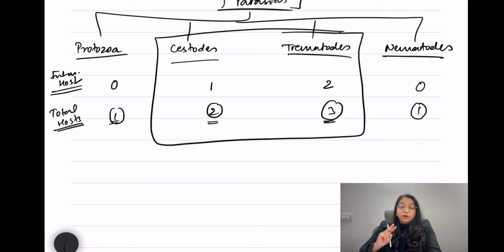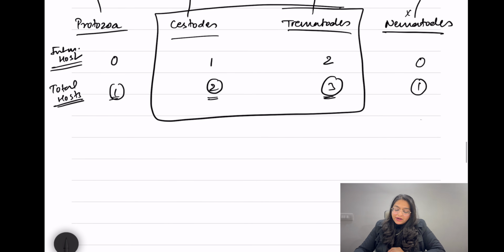Cestode comes at number 2, so the total hosts are 2. Trematode comes at number 3, so the total hosts are 3. But please remember, this does not apply to nematodes. Nematodes are round worms. They are big, evolved worms. They cannot keep going into so many organisms. They just simply infect one organism and they move ahead in life.